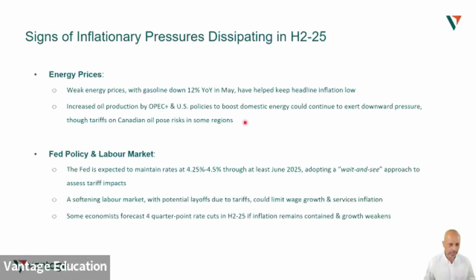Now, coming over and looking at Fed policy and labor market, the next FOMC meeting begins today, 17th of June, and is going to conclude on Wednesday, 18th of June. And the Fed, once again, is expected to maintain rates at 4.25 to 4.5% once more.